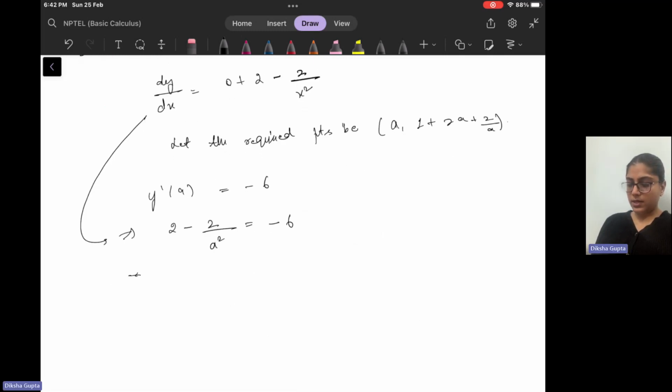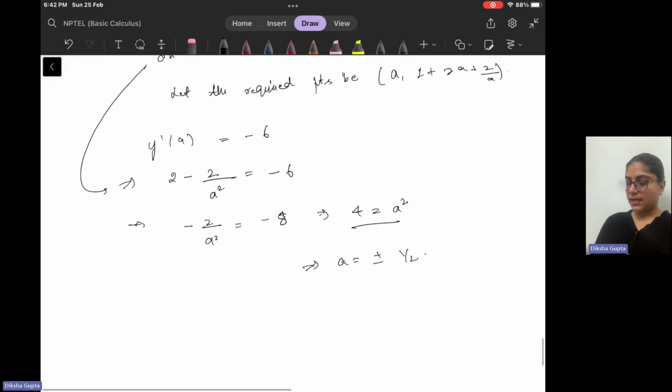This implies minus 2 by a square is minus 8, so a square is 4, which implies a equals plus or minus 1 by 2.